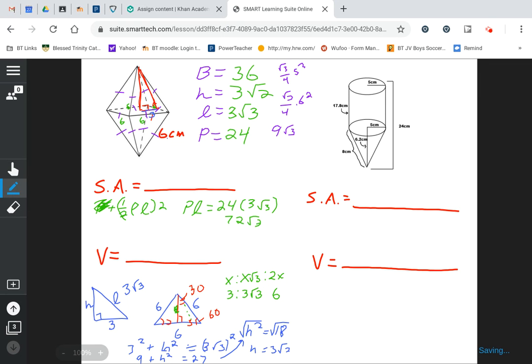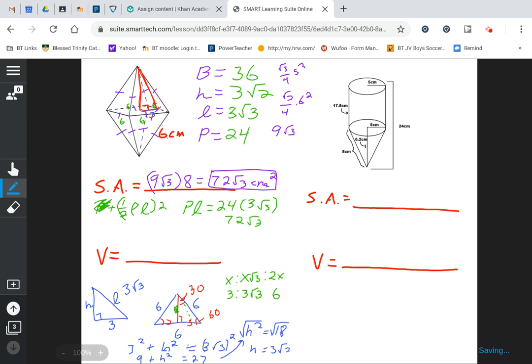And if you took 9 root 3 and multiplied it by how many equilateral triangles you have in here, and if you counted them up, that's 8. Well, 8 times 9 is 72 root 3. Pretty cool that they come out to be the same thing, regardless of which way you do it. So that's just a way of thinking about the tetrahedrons, centimeters squared. A couple ways you could have done it, if you like the other way.